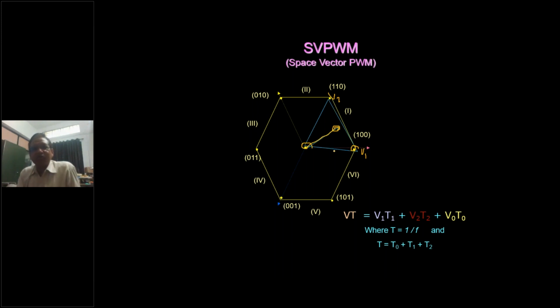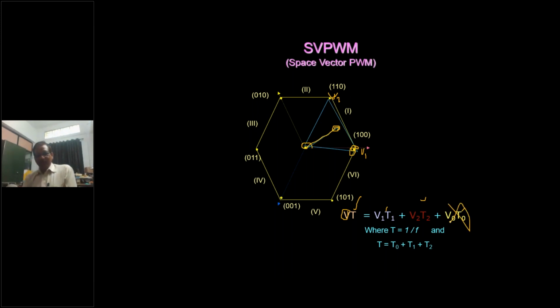So how to write this? I want this voltage, so V multiplied by time is equal to the first vector multiplied by T1, the second vector multiplied by T2, and the third vector multiplied by T0. Its magnitude is 0, so we can neglect it.